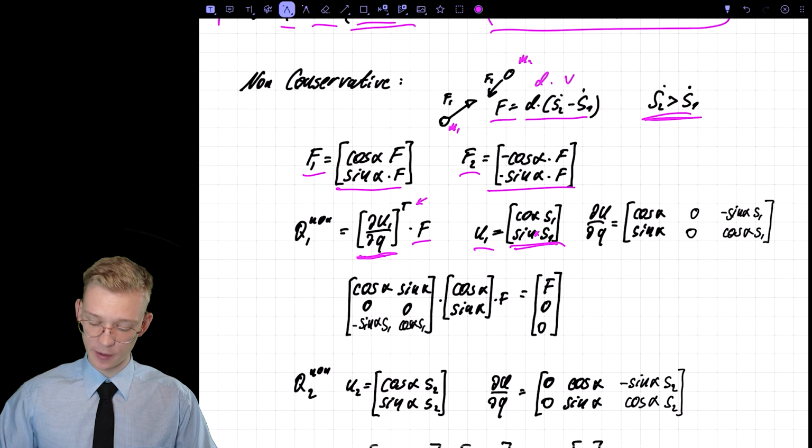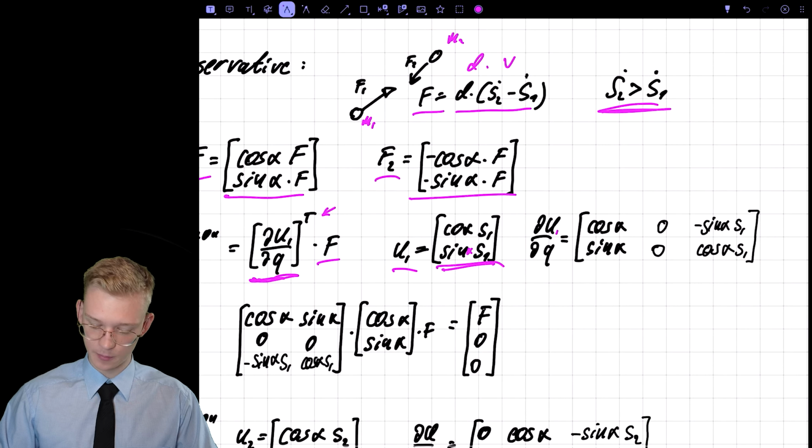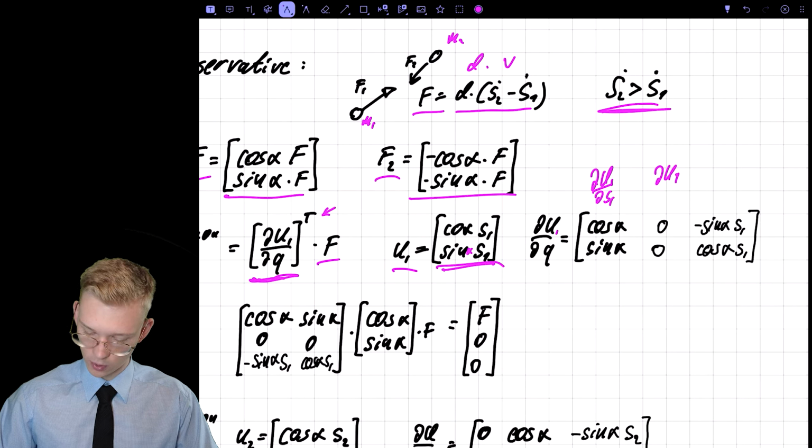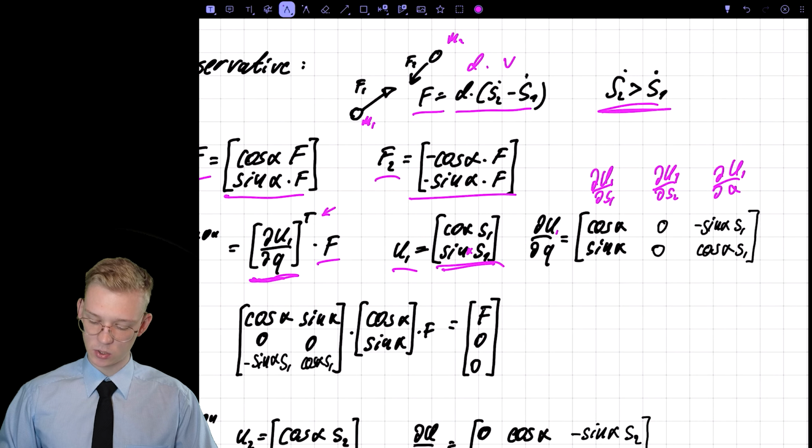So now we have to derive the position of mass 1 with our q's. So we have du1 ds1, du1 ds2, and du1 d alpha. So we get a cosine and sine. We get 0 for S2 because this is not dependent on S2.